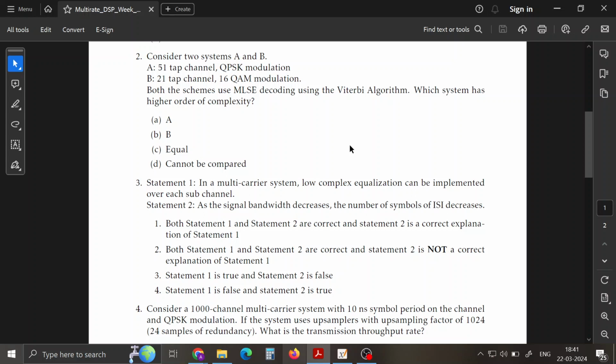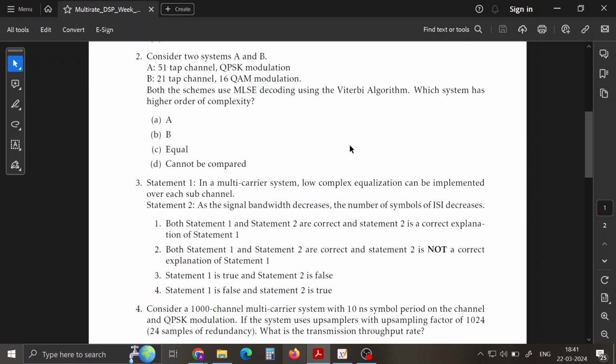In OFDM, you are dividing your entire bandwidth into subchannels, subcarriers, and that helps in dealing with ISI, and you can come up with a lower complexity equalizer. So we know that this statement is true.